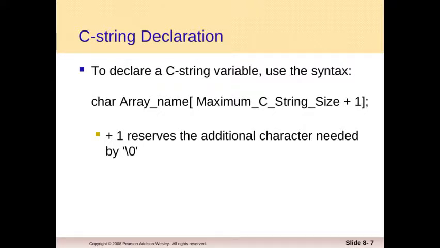So at most 19, I call them payload characters just to distinguish it from the length of the array, could be put into this message, and then the 20th, at position 19, of course, would have to be used for the string end symbol.